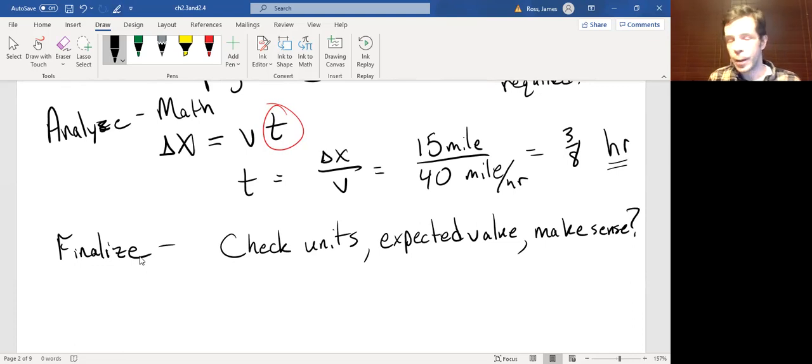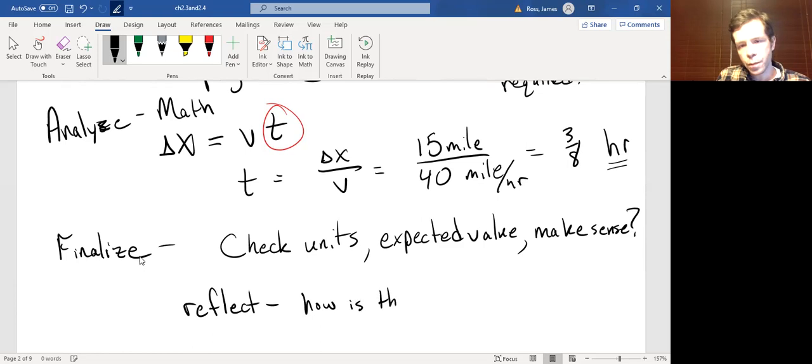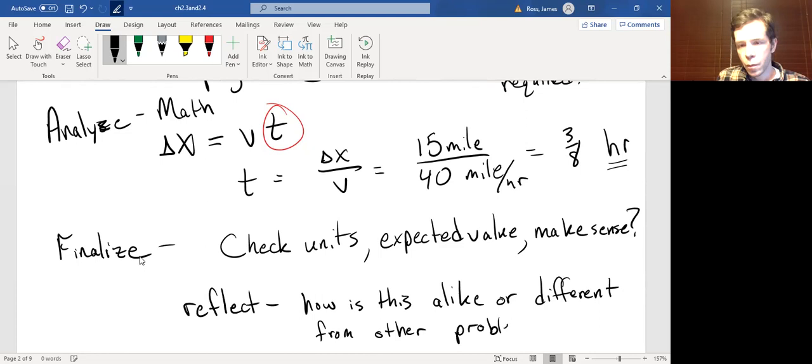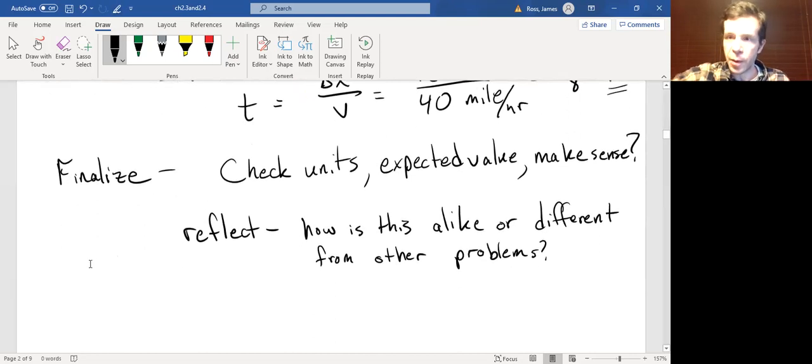And that makes sense, right? That's a reasonable time. But I think it also is important to reflect on what you're doing. How is this alike or different from other problems? You know, and what are you really taking away from it?